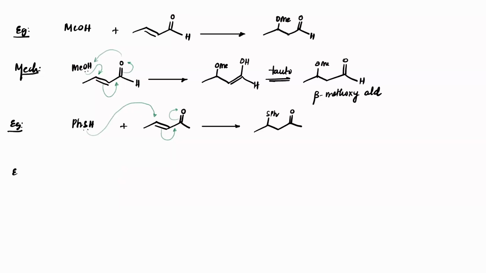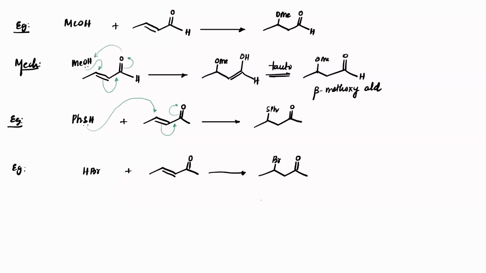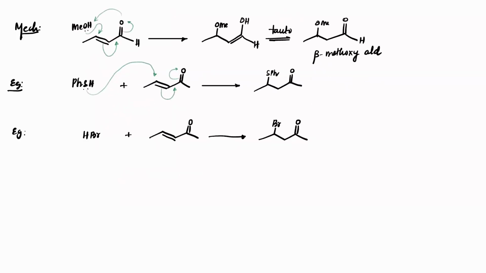Got it? In case of HBr also, after addition you will get Br here and double bond O here. This is the product you will get. Got it? I guess you understood why and how it works in this case.